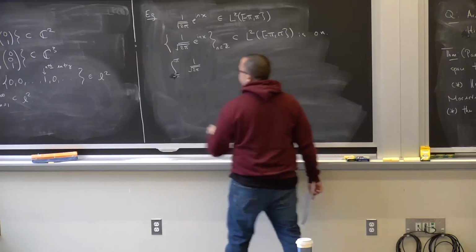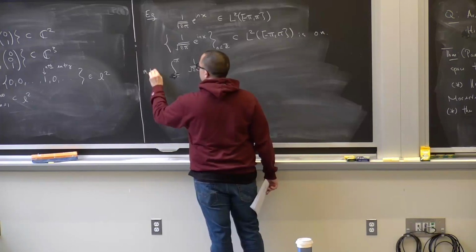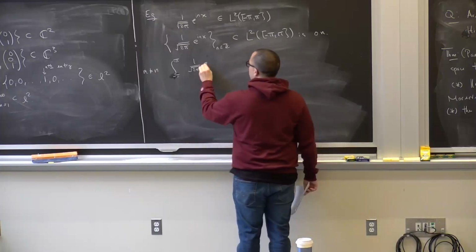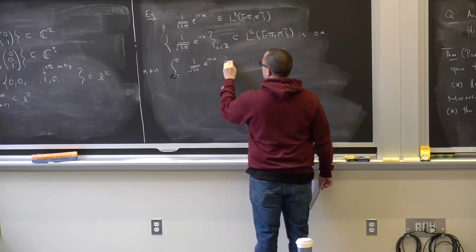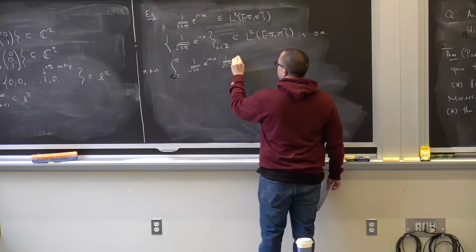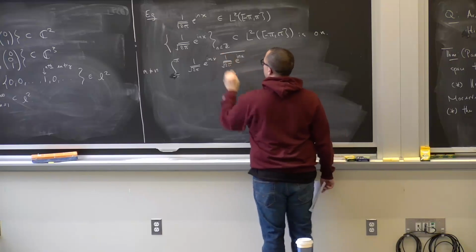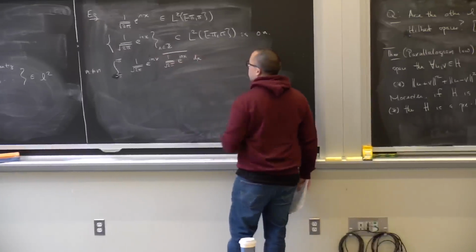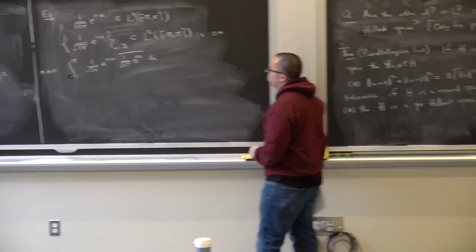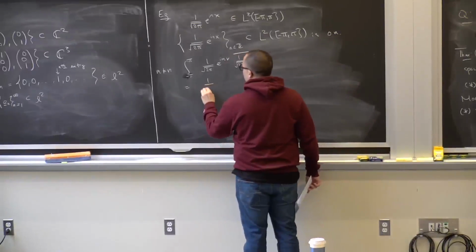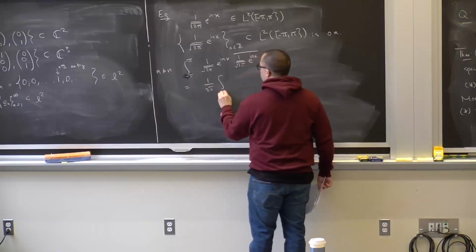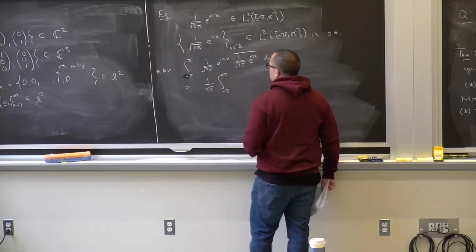Let's say m does not equal n. So then I take the inner product of e to the I m x with e to the I n x, complex conjugate. So that's the inner product on big L2, and this is equal to 1 over 2 pi times the integral from minus pi to pi.